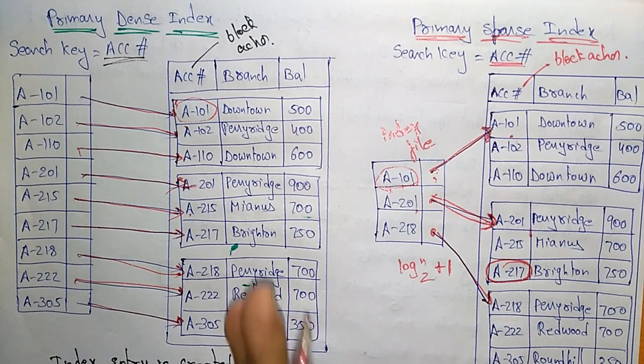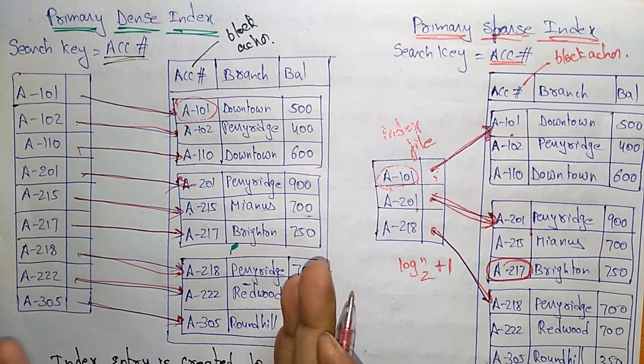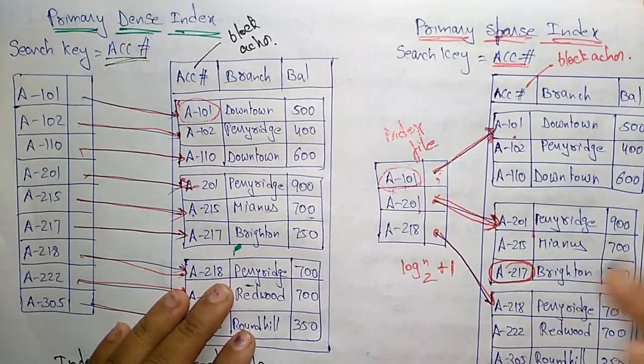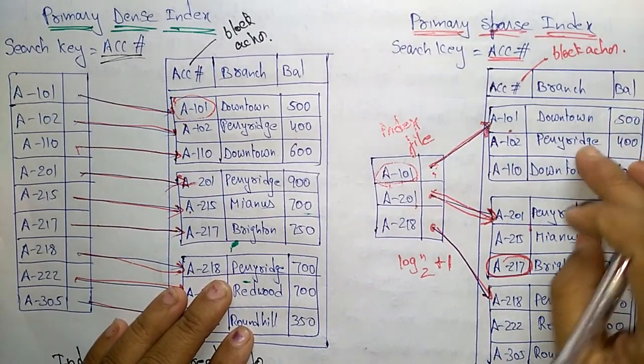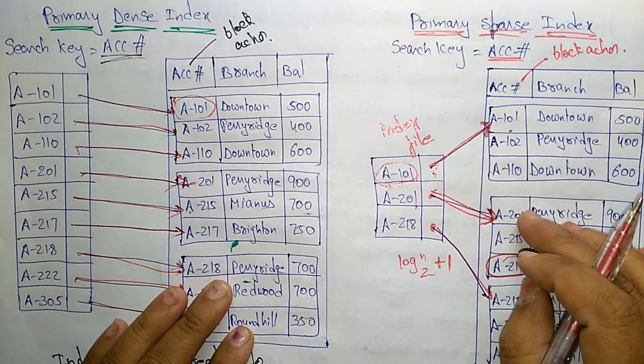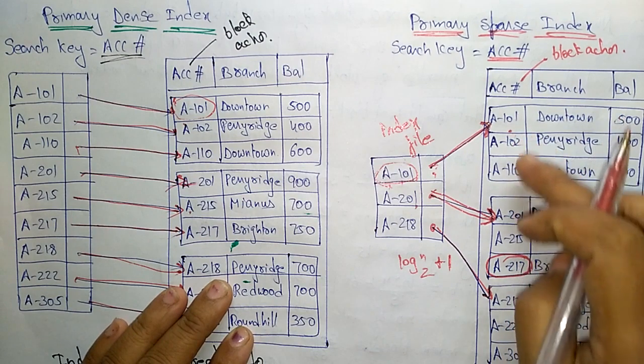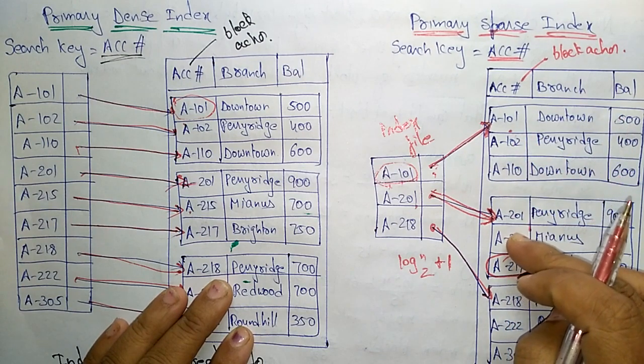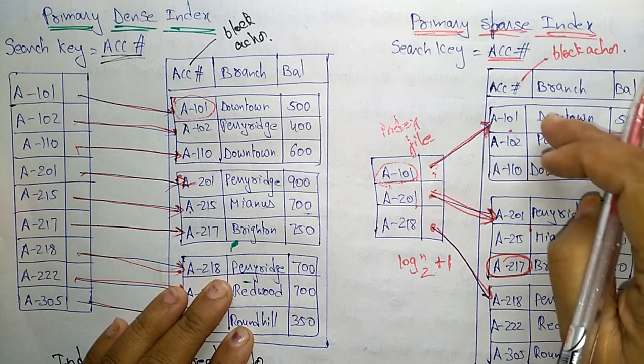So instead of creating an index entry for every search key value as in the dense index, in the primary sparse index we are creating an entry only for the first record of every block. The index is not created for all the records.